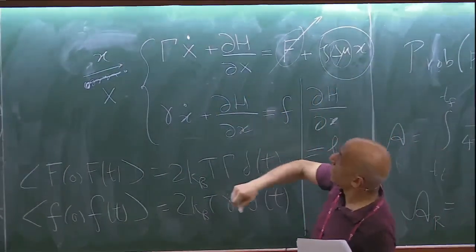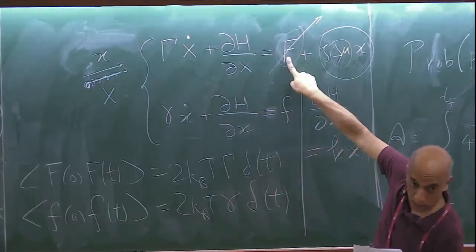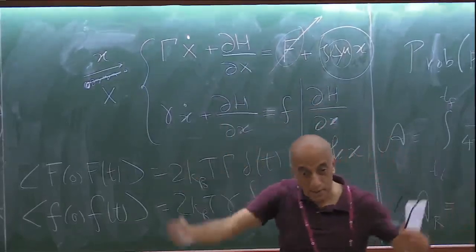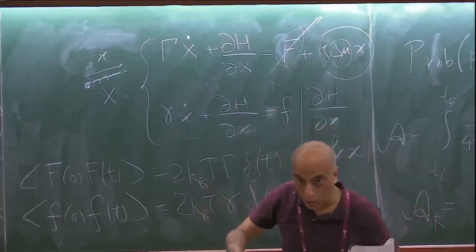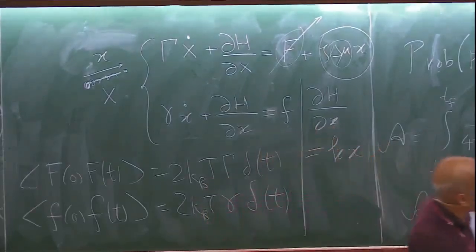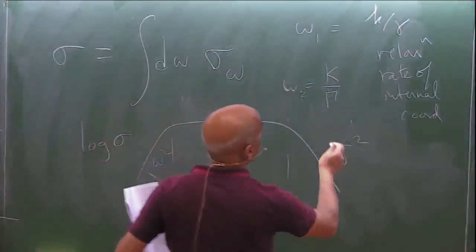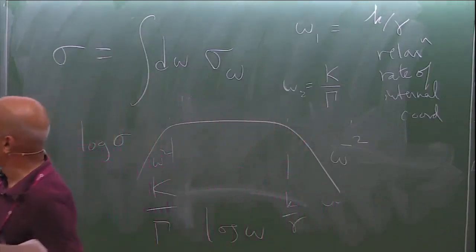The other is, how long does it take for this coordinate to feel this noise? It takes a time having to do with the equilibration of the center of mass coordinate in its potential. Unless you wait that long, you don't know this noise is there.